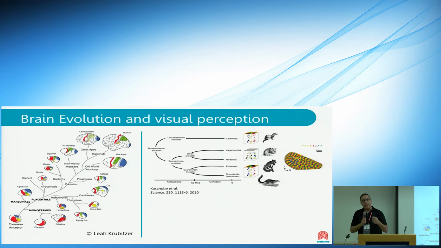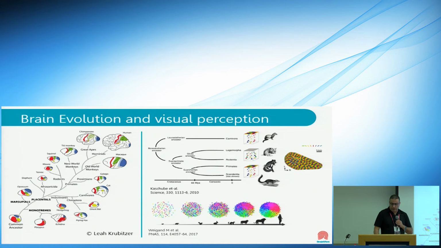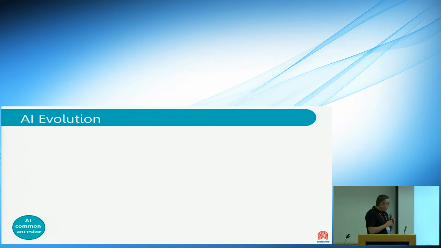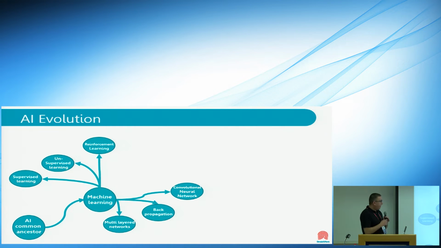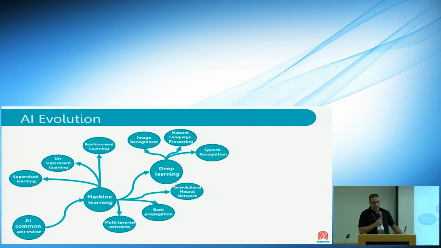So regardless of the answer, are receptive fields necessary for visual perception, it has become the neural architecture, the neural network, and neural networks with receptive fields became the basis of another field, the evolution of artificial intelligence. If we look at AI as an evolutionary tree, the AI common ancestor would be a neural network algorithm. From that, it has evolved through different approaches and different algorithms in order to do machine learning, and then deep learning, and other applications of that.